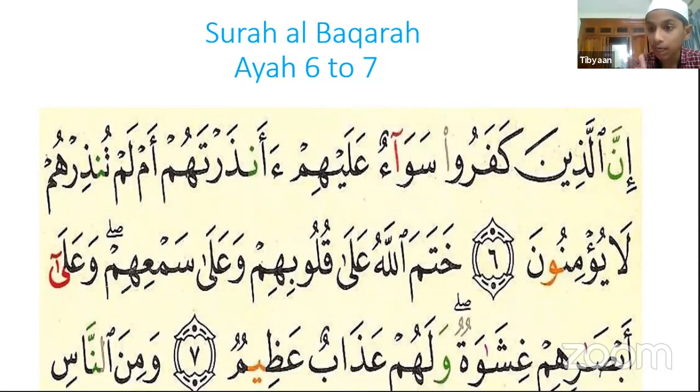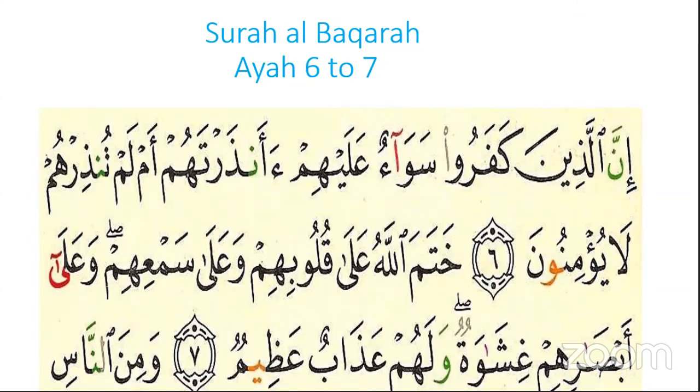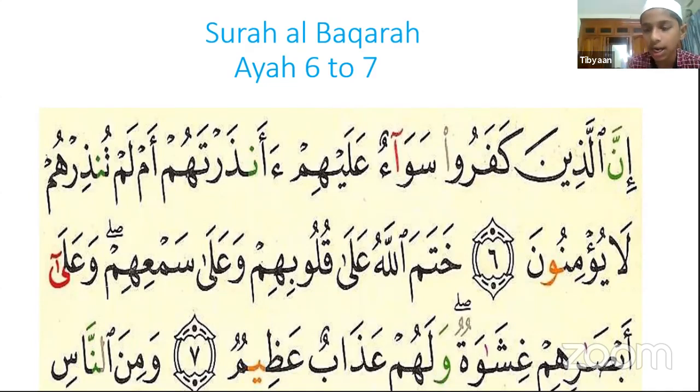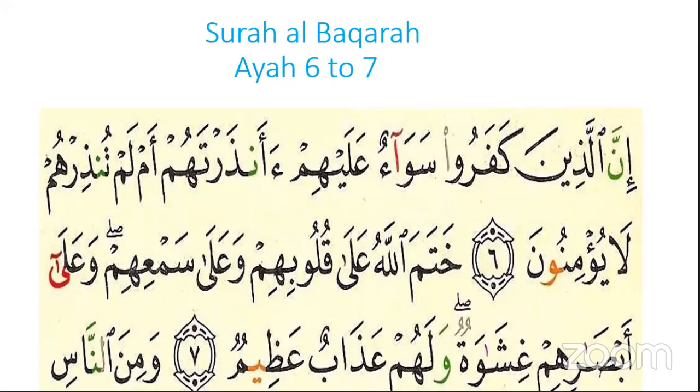Here you should pronounce the ha. Ha should be perfect, with the sukoon, it should be clear. Same thing: absarihim ghishawa. Ha should be clear enough for others to hear. This comes at the end of many ayahs.